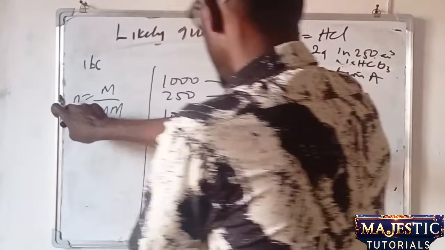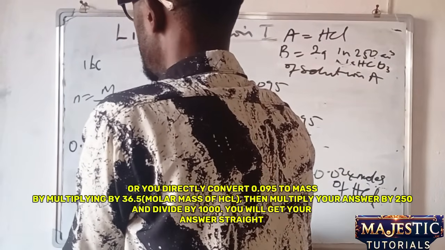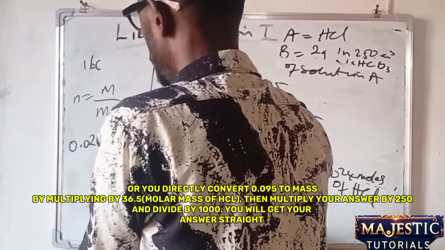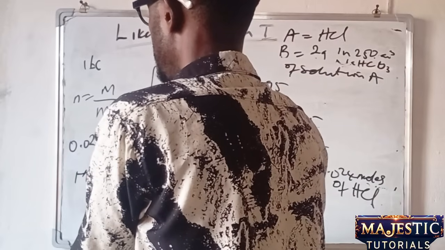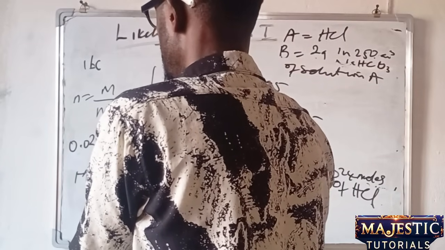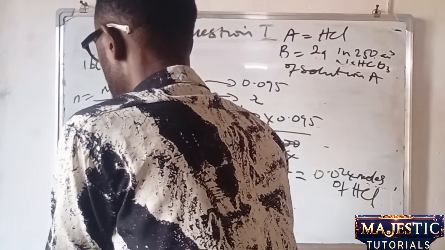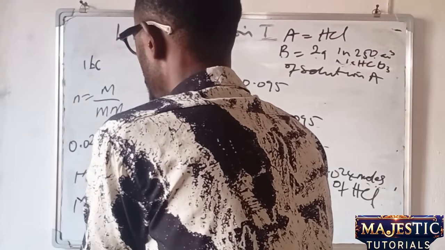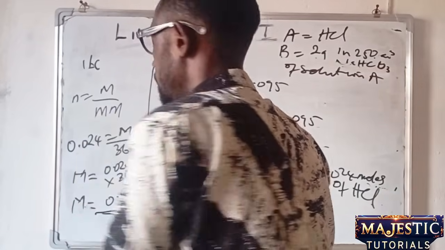Therefore, our mole n is already 0.024. So 0.024 is equal to the mass we are looking for, all over 36.5. Cross multiply, find out that mass is 0.024 times 36.5. So in this case, what is our answer? We will get something like 0.87 gram as the mass of HCl.